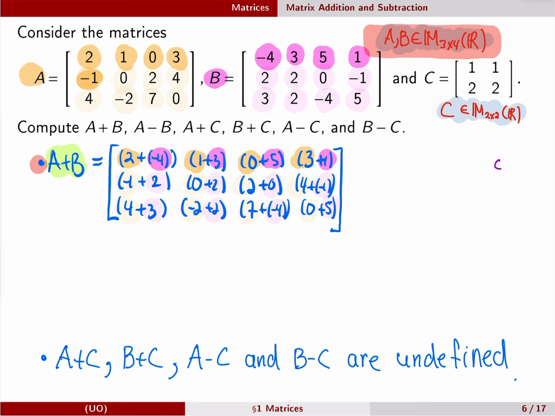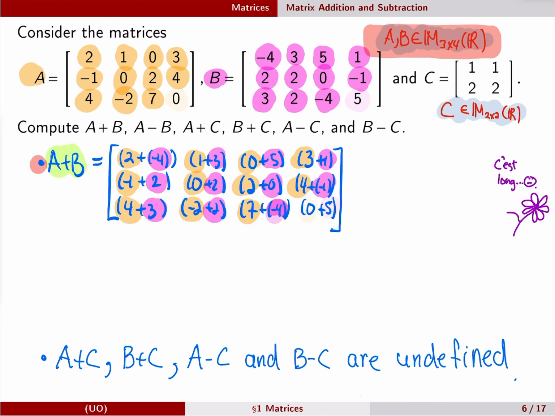And then again, minus 1 plus 2, 0 plus 2, 2 plus 0, and 4 plus minus 1. And then finally for the last row, 4 plus 3, minus 2 plus 2, 7 plus minus 4, and 0 plus 5.